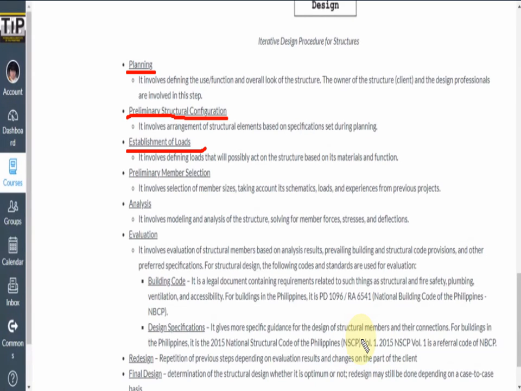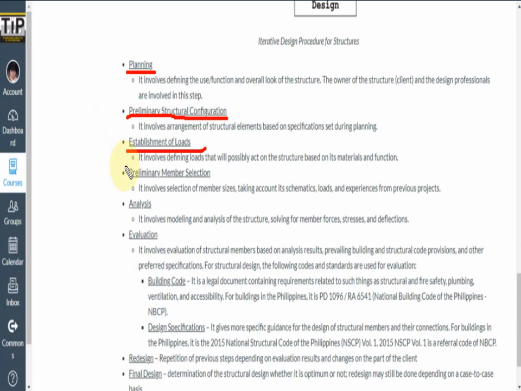For example, if the location is typhoon prone, you will consider higher wind loads. If it is near faults, you will consider larger earthquake loads, etc.